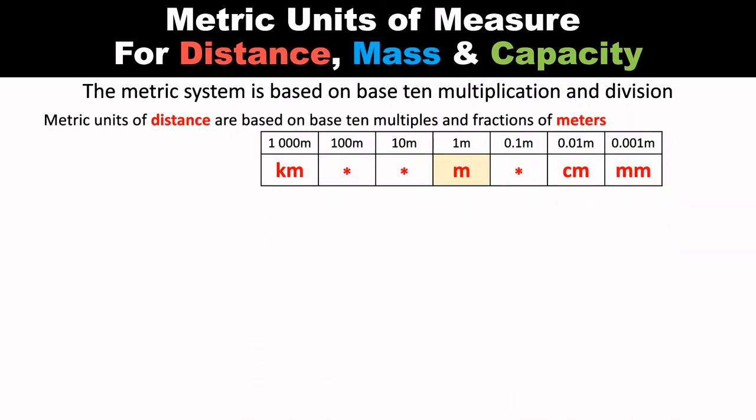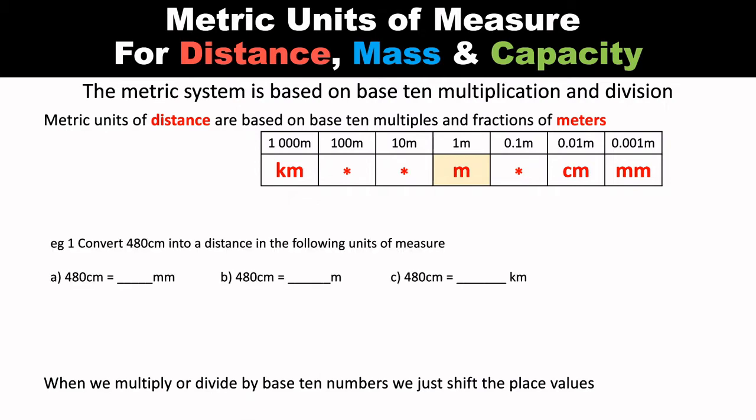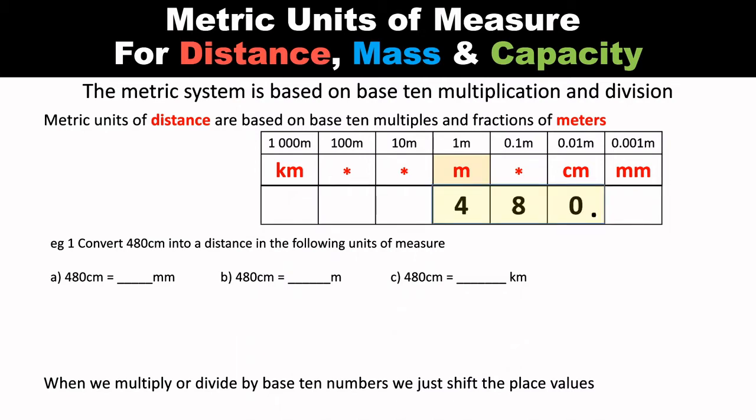Let me just show you how this is going to work for my distances. Remember that we're always just going to be multiplying or dividing by base 10 numbers. That's just shifting our place values along, or putting on zeros, or taking off zeros, or moving our decimal place. So if I want to convert 480 centimeters into the following units of measure, I'm going to use my table here, and I'm going to put 480 centimeters on that table. Notice that I've got my decimal here at centimeters because the centimeters is the units position.